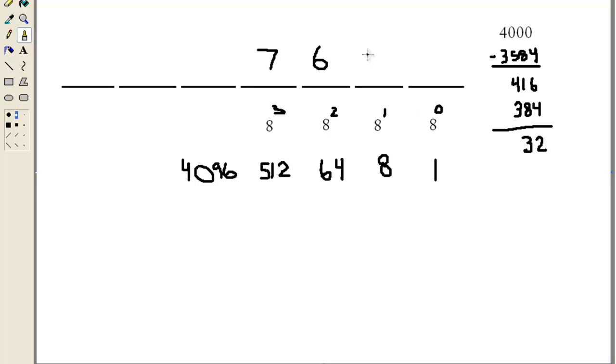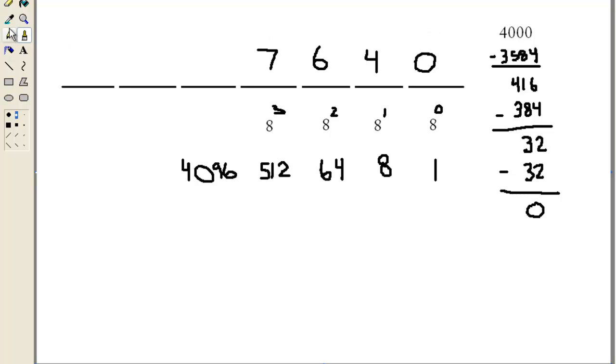Okay, now 8 obviously goes into 32 4 times, and we have 32 minus 32, which would be 0, meaning we have nothing left to account for at the end. Okay, so this number, 7640, is equivalent to 4,000 in base 8. All right, so that's converting from base 10 back into base 8.